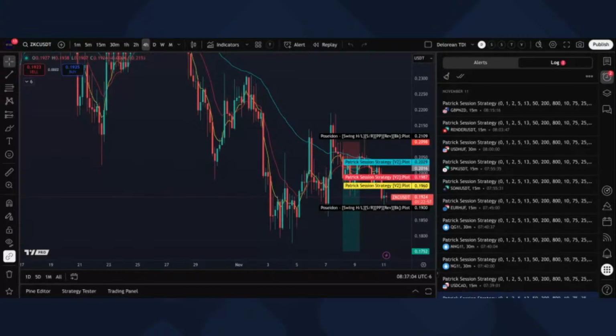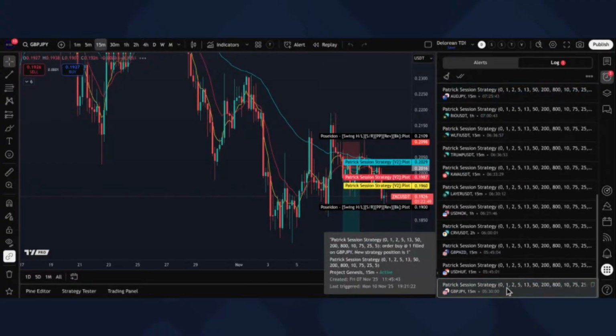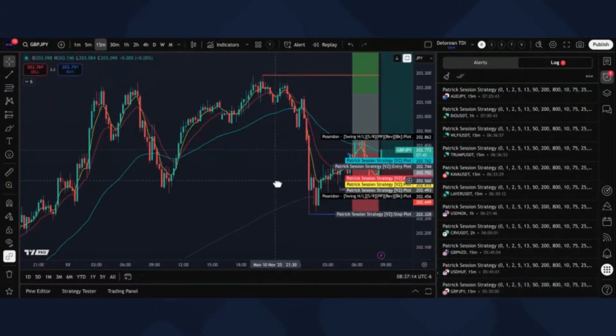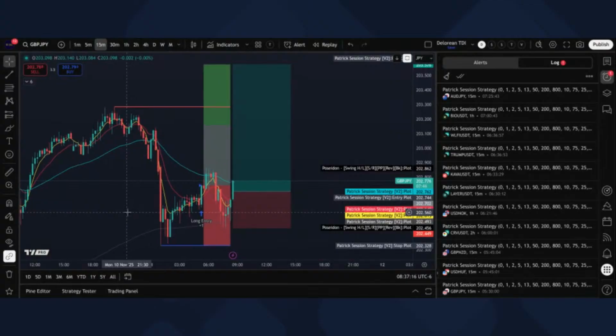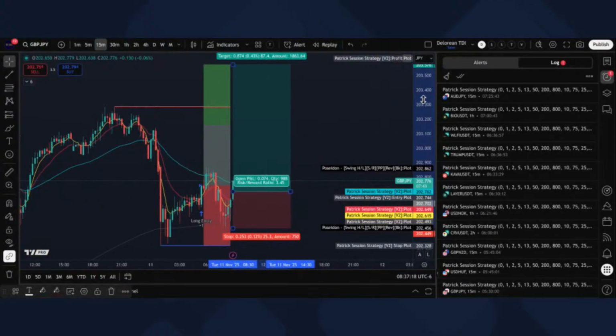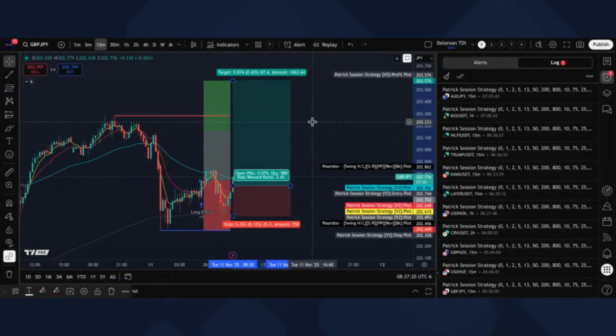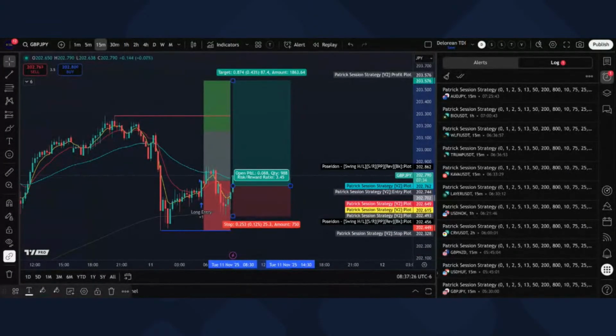All right, so we were on the way for a buy on Great British Pound versus Tether, I believe. No, Great British Pound versus Japanese yen. Let's get this out.